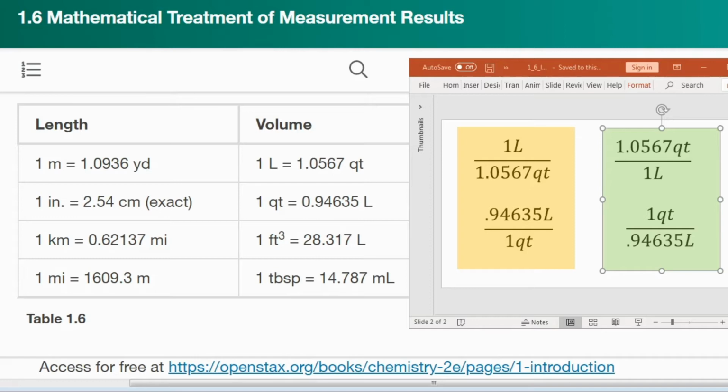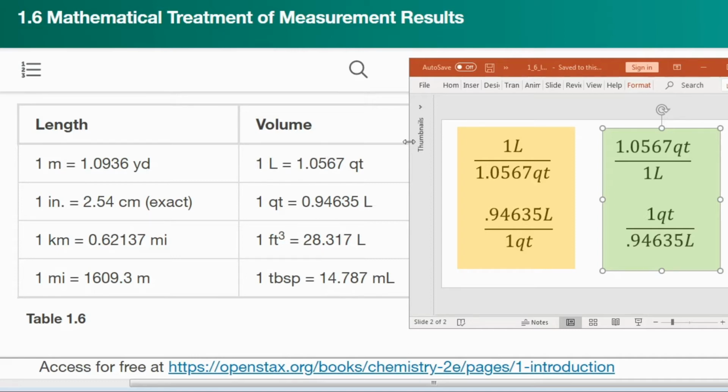I took the liberty while I paused the recording to construct something for the benefit of the viewers. With these conversion factors, I want to point something out. We can make a conversion factor if, for example, we wanted to convert quarts to liters. I'll show you how to construct that conversion factor.